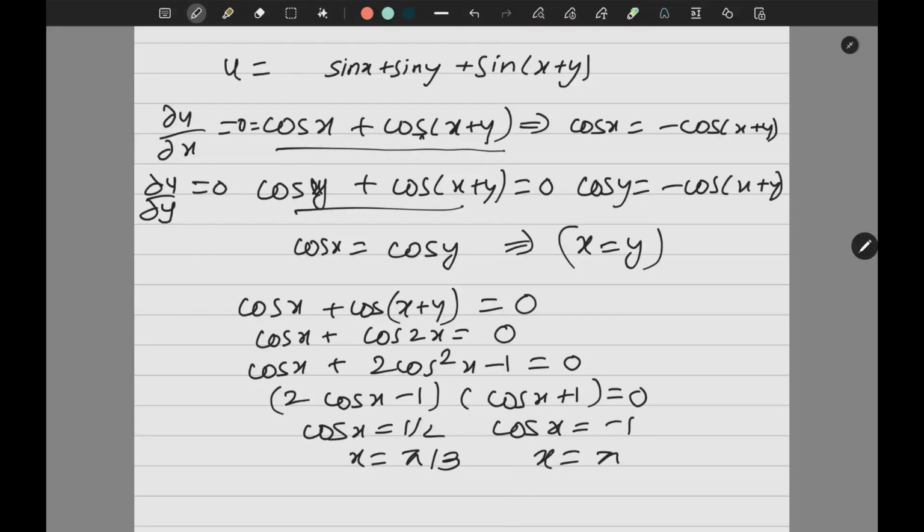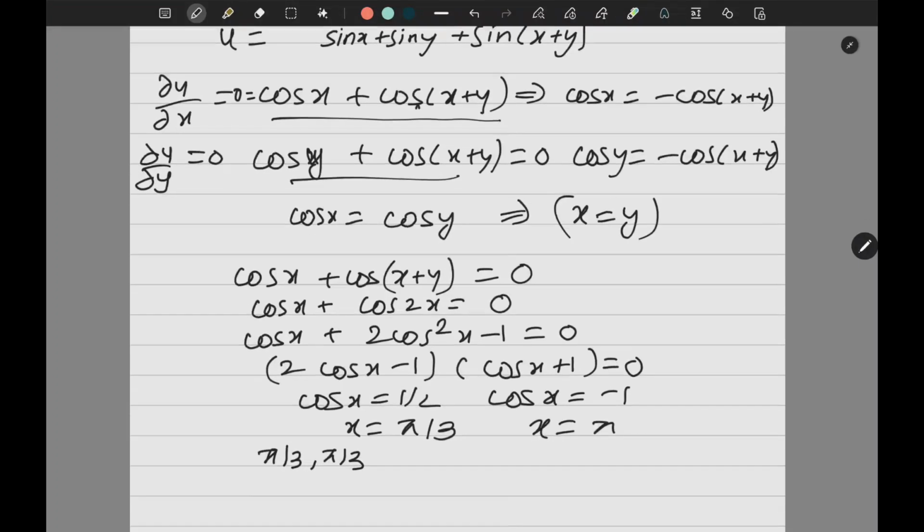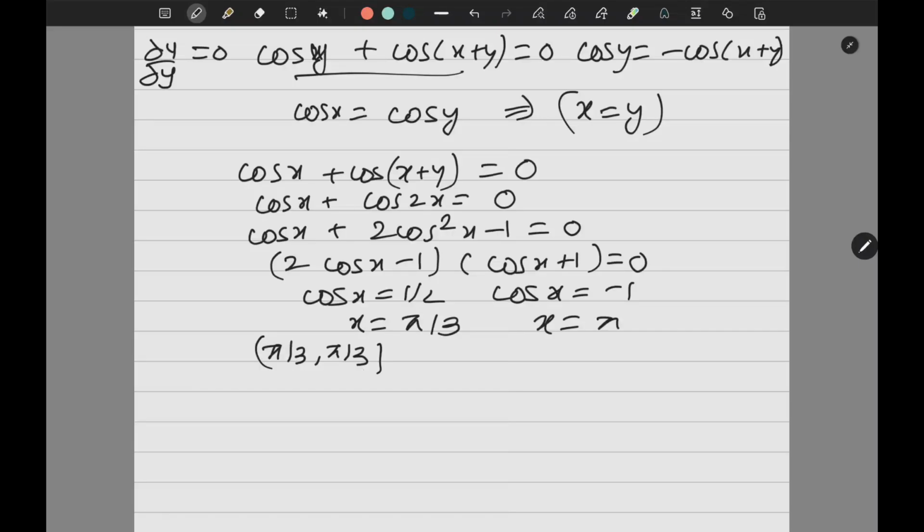So as X is equal to Y, my extreme points are (pi by 3, pi by 3) and (pi, pi). These are my extreme points. Right. Now what do you do? Find out R, S and T for these points. R, S, T will be easy here.